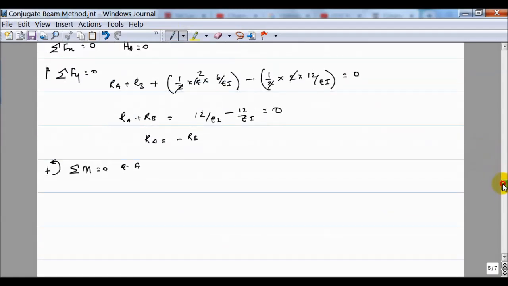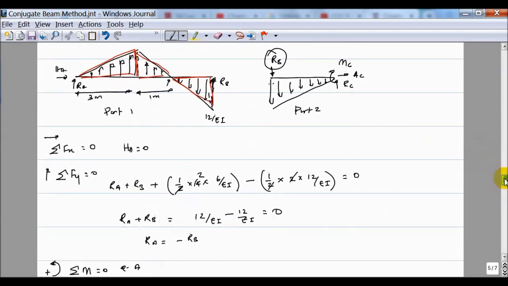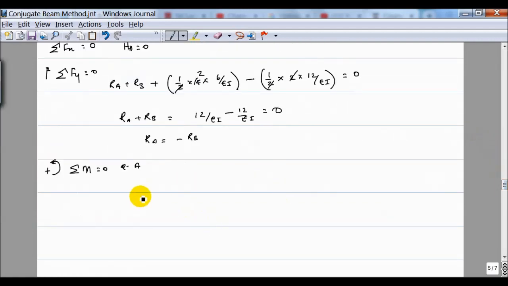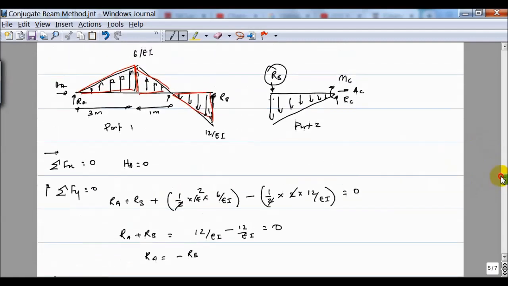Now if I take moments about A, then RB into 6, which is counterclockwise positive, plus this load.